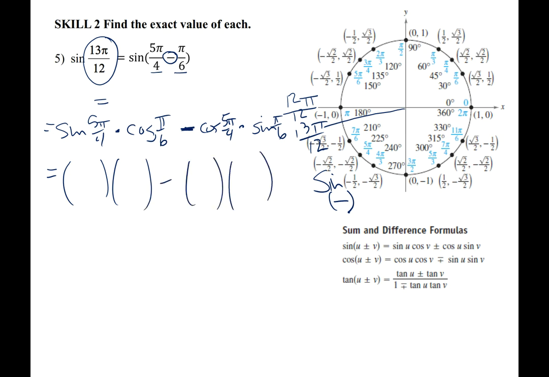So we're going to go to sine of 5 pi/4, and we're going to look at the y value, which is -√2/2. Then the cosine of pi/6. We're going to look at the x value on pi/6, which is √3/2. Then we're going to look at cosine of 5 pi/4, which is the x value here, -√2/2.